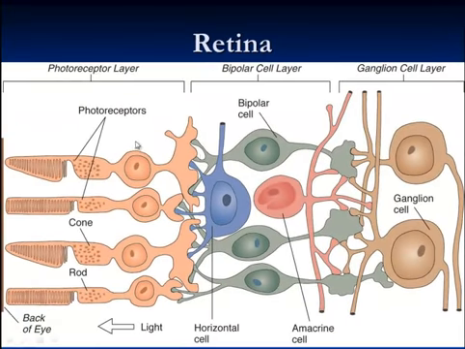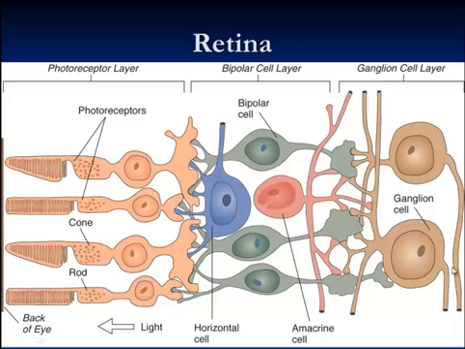There's the retina again. This is actually, I guess, a flipped version of what you saw on the last slide. The light is coming in from the right. It's transduced here at the cones and rods, changing action potentials, which are then going to affect these intermediate cells and the ganglion cells, and the ganglion cells are going to send their signals back to the thalamus through the optic nerve.